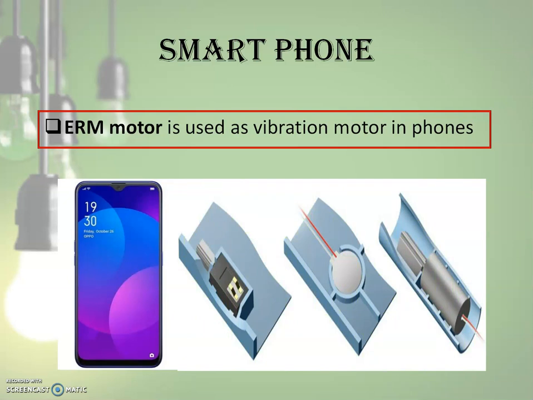It uses a small unbalanced mass, which we call an eccentric mass or weight, on a DC motor. When it turns, it creates a centrifugal force that translates to vibration, and these vibrations are transmitted to the phone as it starts to vibrate.